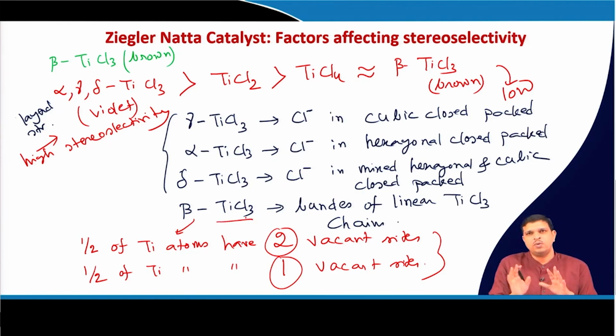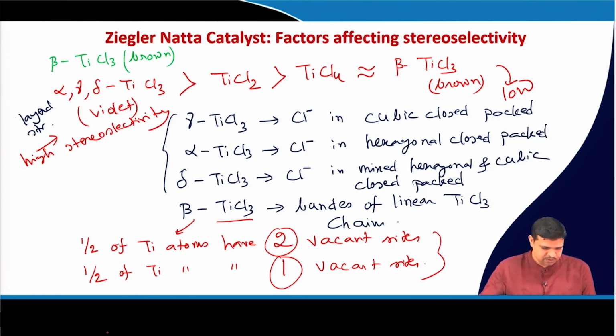Okay, now I think it is clear and understandable. So these are very important factors for choosing the right system in doing the polymerization in Ziegler Natta.